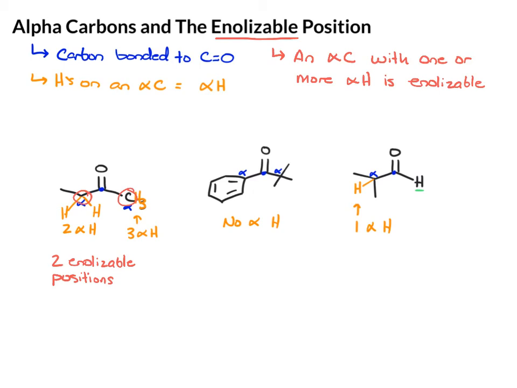Our second molecule has no alpha hydrogen, so despite having alpha carbons, there are no enolizable positions. And then in our third molecule, we have one enolizable position.